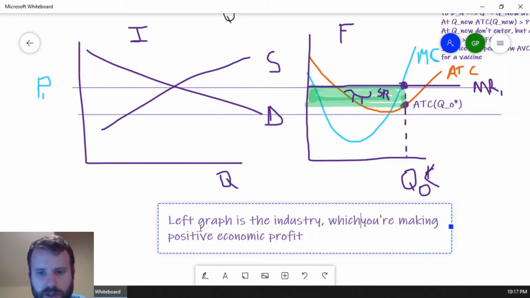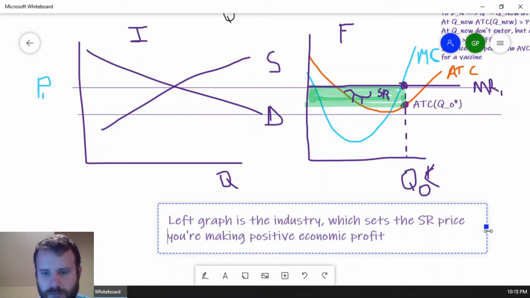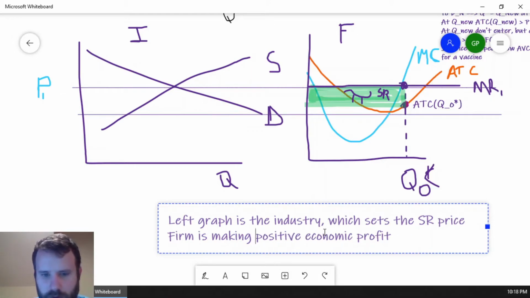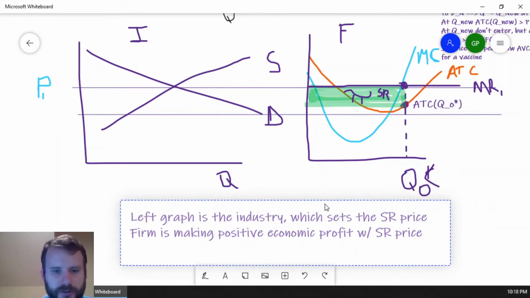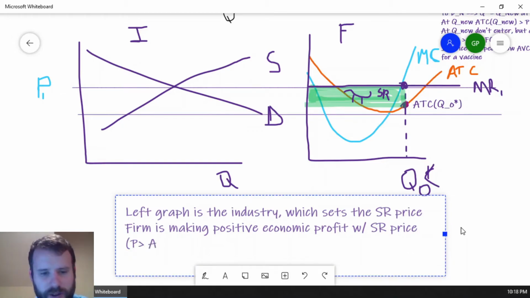Industry sets the short run price. Firm is making positive economic profit with the short run price. So what happens? How do we know they're making positive economic profit? Because price is greater than average total cost.